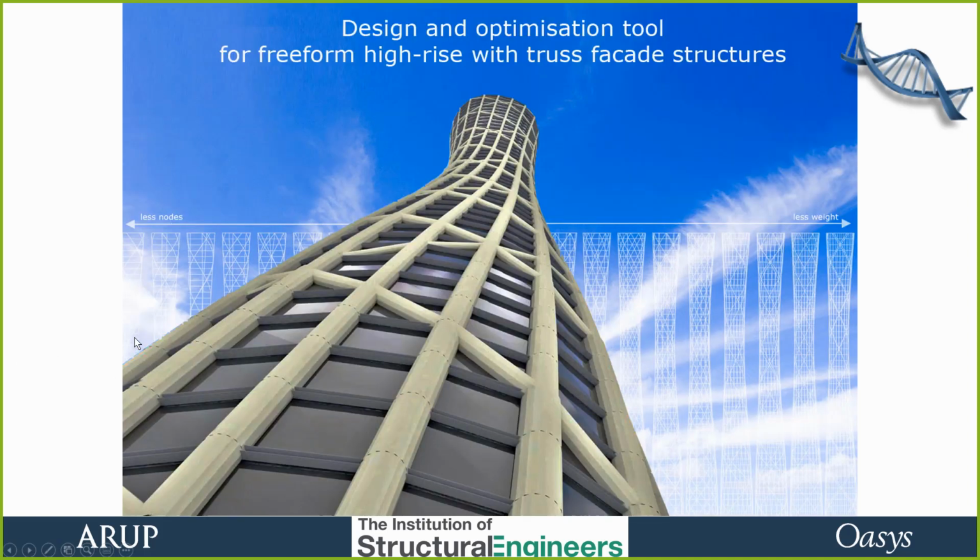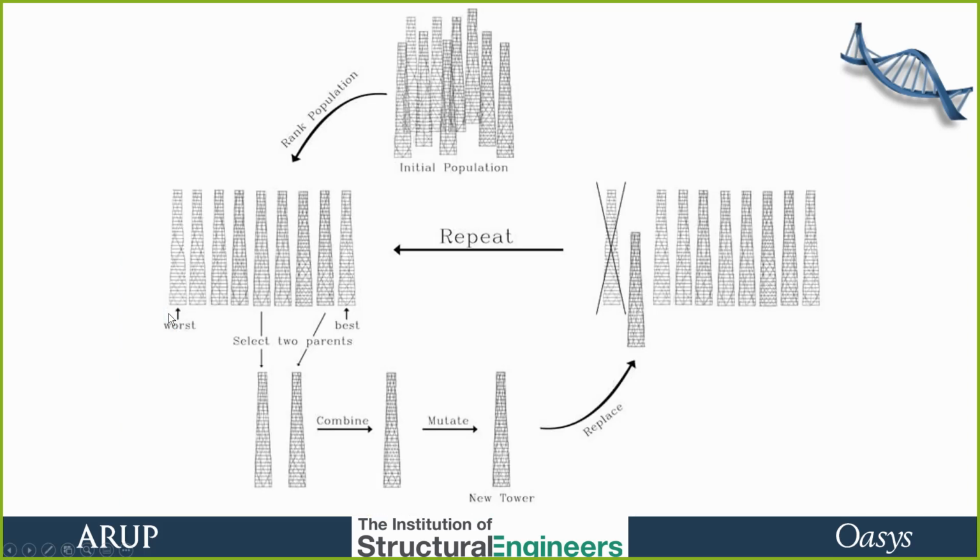So here's an example from Eindhoven University. What they're looking at is optimal geometry of tall building facades with bracing and minimum weight and minimum number of elements. So start with the random population, rank them, select two parents, crossbreed them, repeat until you hone in on an answer.